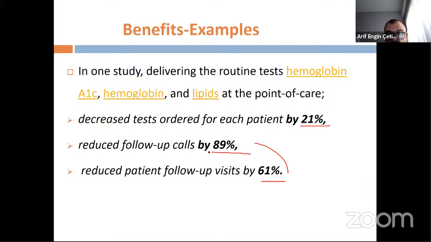So these definitely decrease the workload for the healthcare system and also reduce healthcare infrastructure, in other words hospitals, and it will reduce the cost for the healthcare system. So it not only increases the quality of care for the patient, it also helps the healthcare system by decreasing the number of patients, and so the cost for the healthcare system.